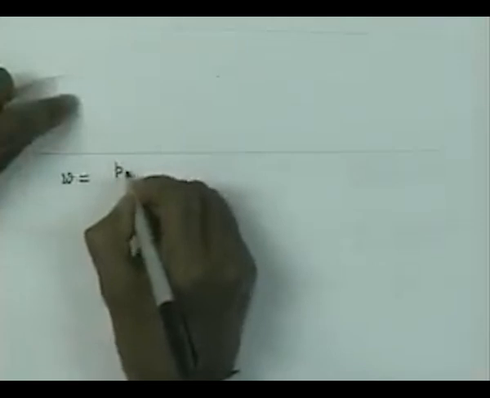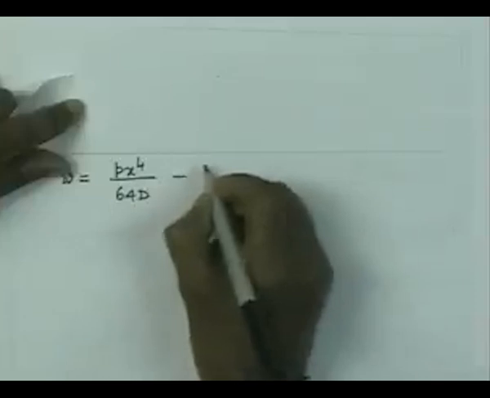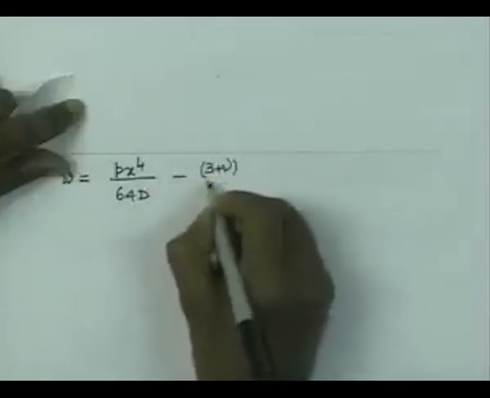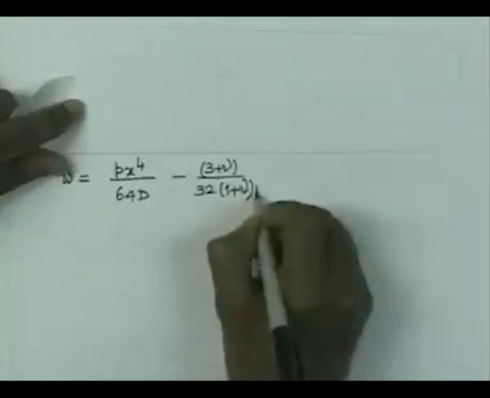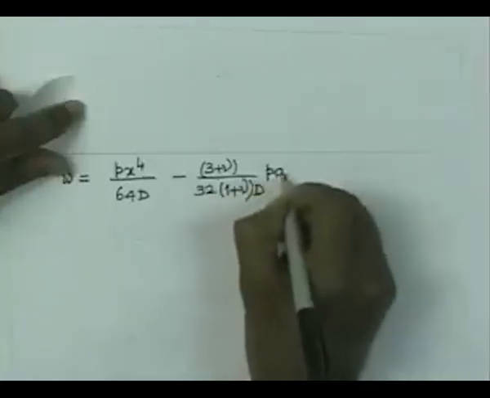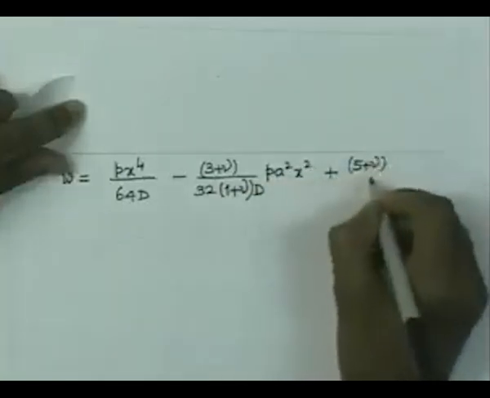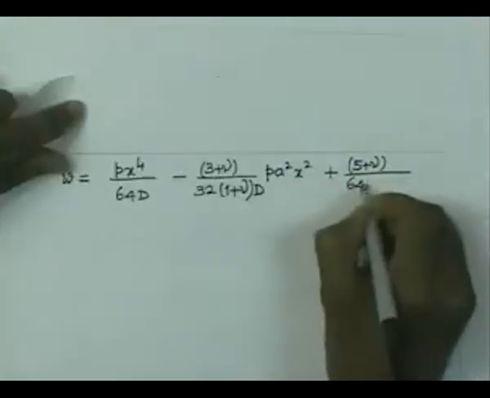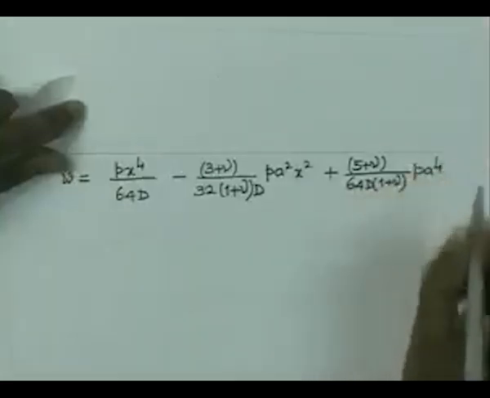So, let us now again put the values back and get the expression for W. W is equal to p x^4 by 64D minus 3 plus nu by 32 into 1 plus nu D p a square x square plus 5 plus nu by 64 D into 1 plus nu p a raised to the power 4.